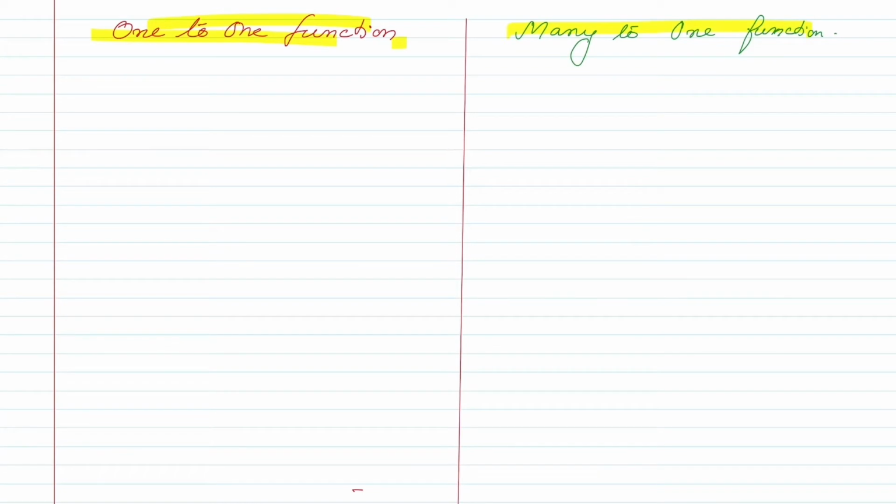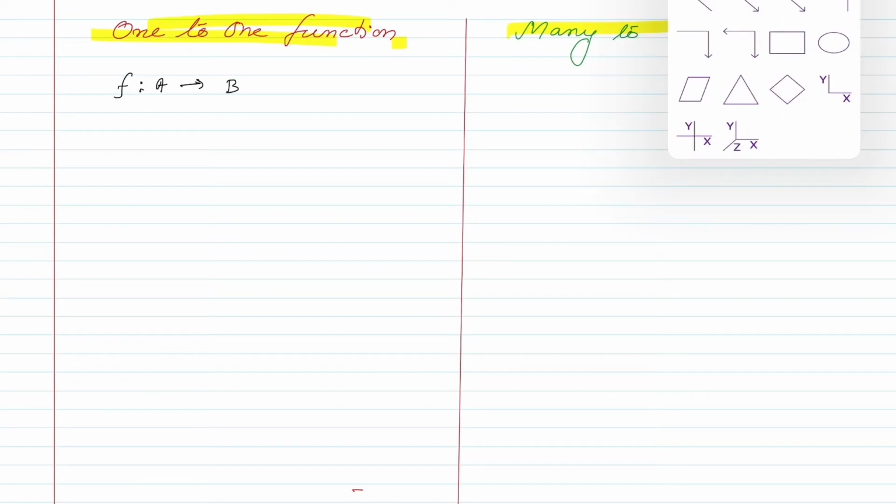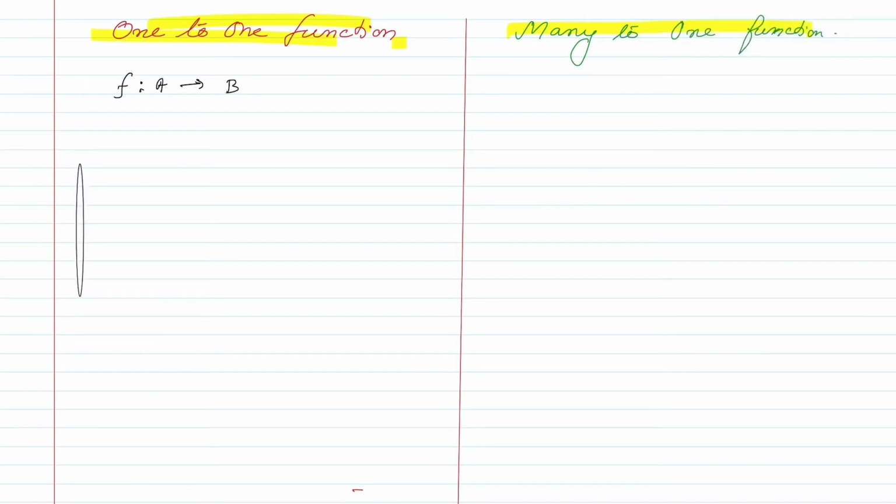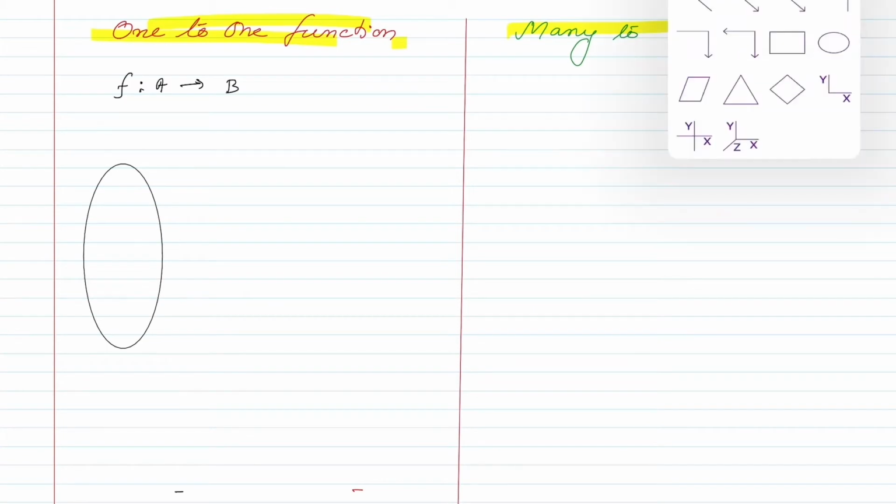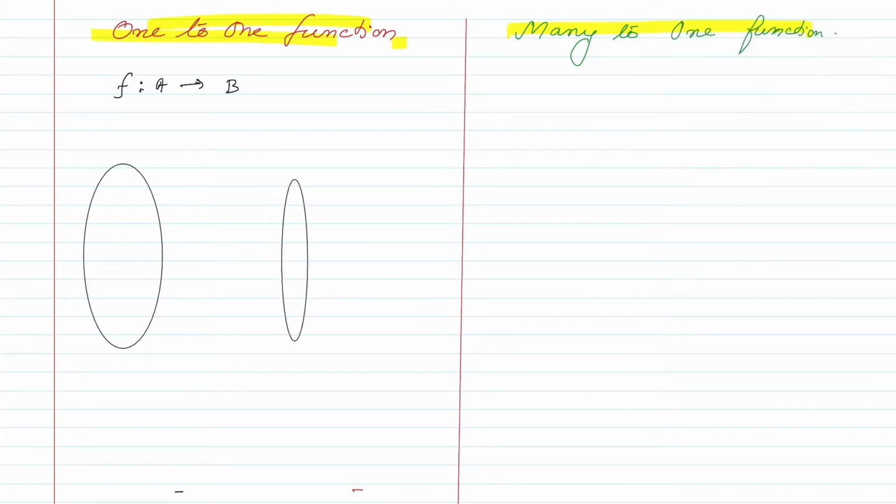Suppose we have a function f from set A to B. Let me represent this function as a mapping. Here this is set A, this is B. Here it is the domain and it is the codomain.